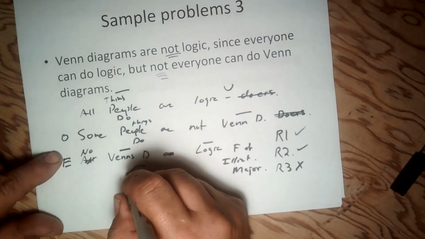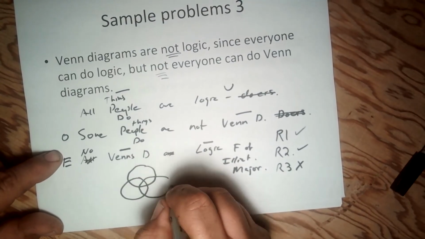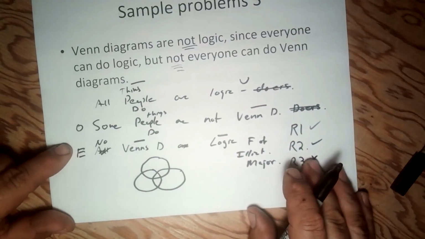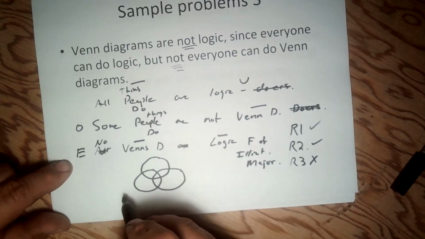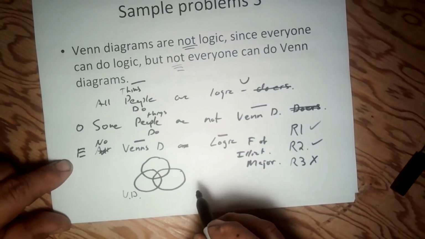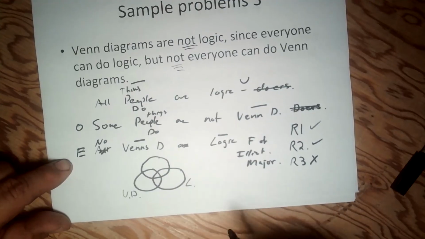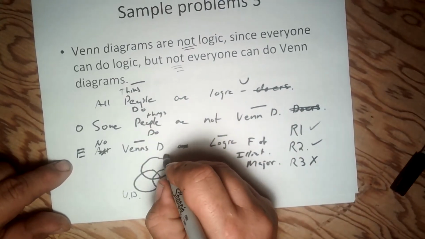And if we want the 3-circle diagram, and I haven't left myself a whole ton of space here, we've got Venn diagrams, a little VD for you there, some logic, and then things people do.